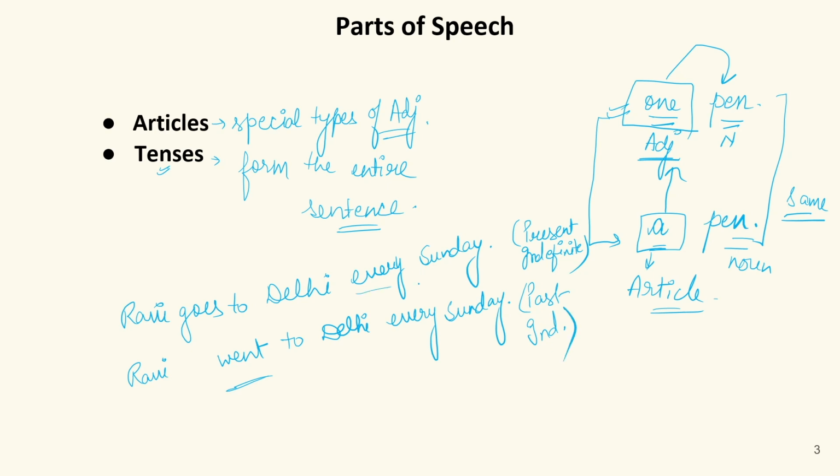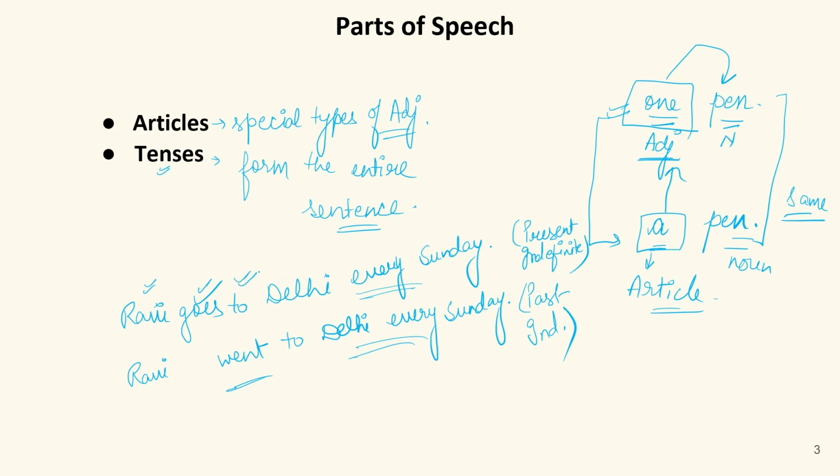So here the entire sentence changes, not a single part. That is why tenses are not the parts of speech, because they form the entire sentence. They don't form a part of the sentence. Ravi is not a tense. Goes is not a tense.